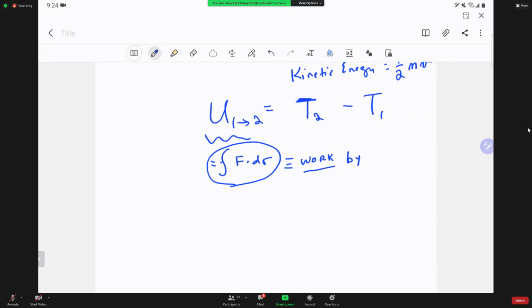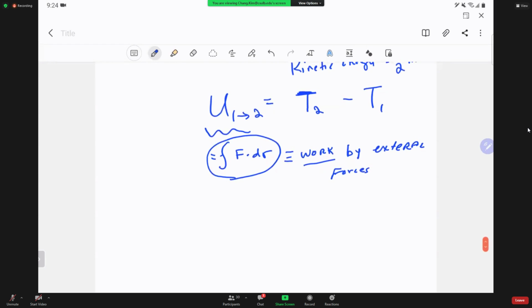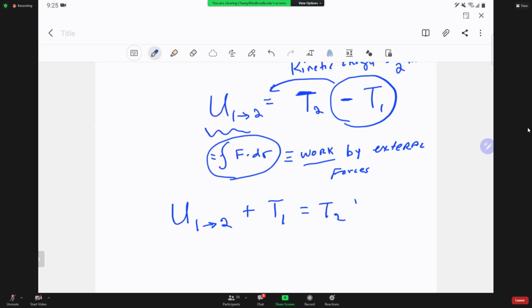Actually, this is the work done by the external forces introduced in your dynamic problems or systems. Because of the minus, I'm going to push that onto the other side. It's going to be the work done by the external forces plus T1 is equal to T2.